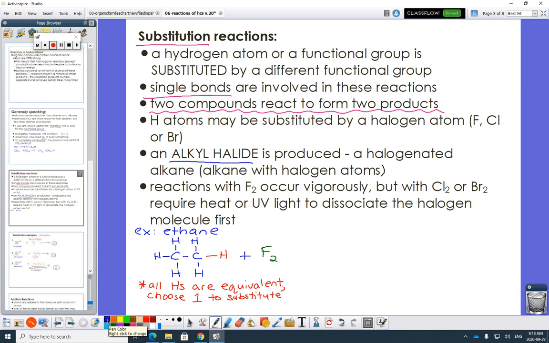It is important here to remember, when you're trying to figure out what the other product is, that halogens are all diatomic. So it's F2, Cl2, Br2. That will help you predict what the other product is going to be.